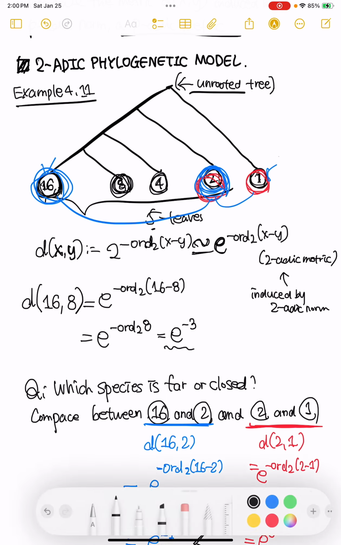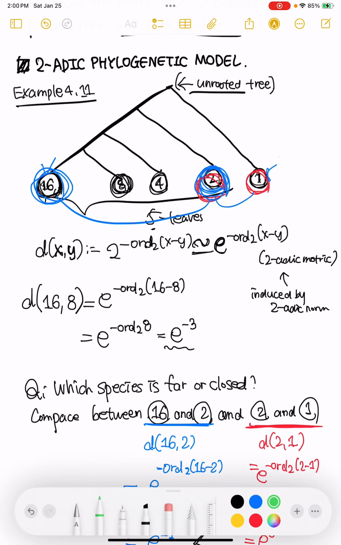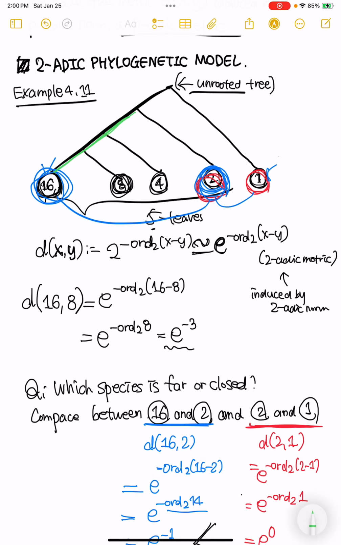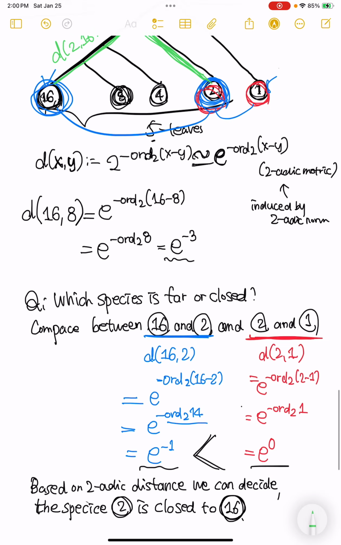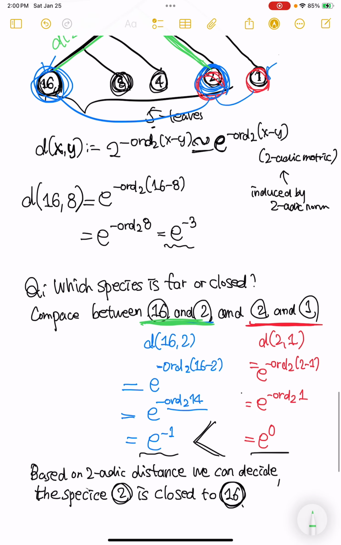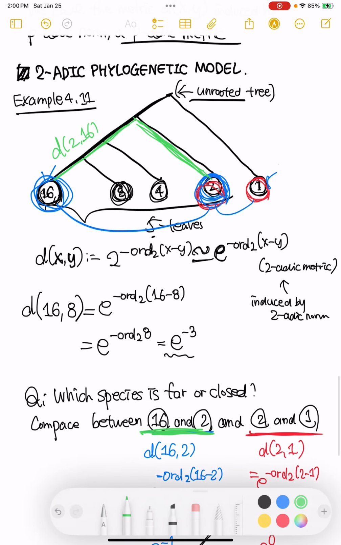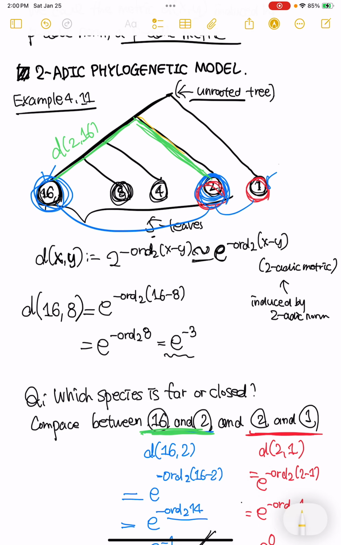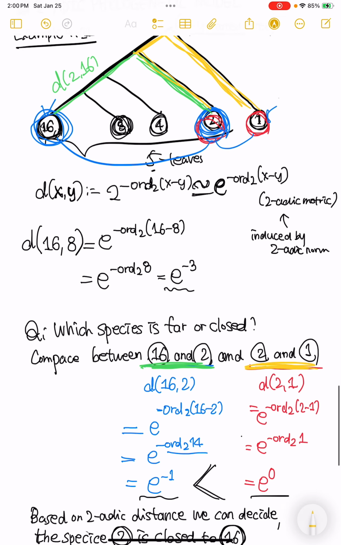When you think about the phylogenetic model, that part is the distance between 2 and 16. I will just see here. And that is that part.